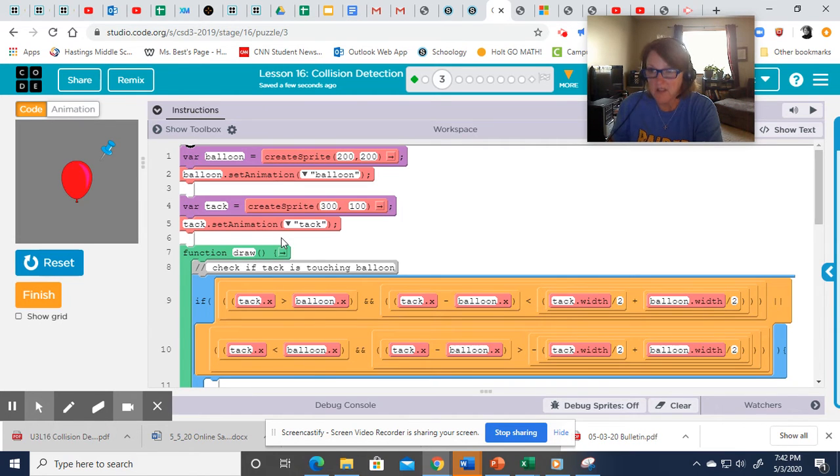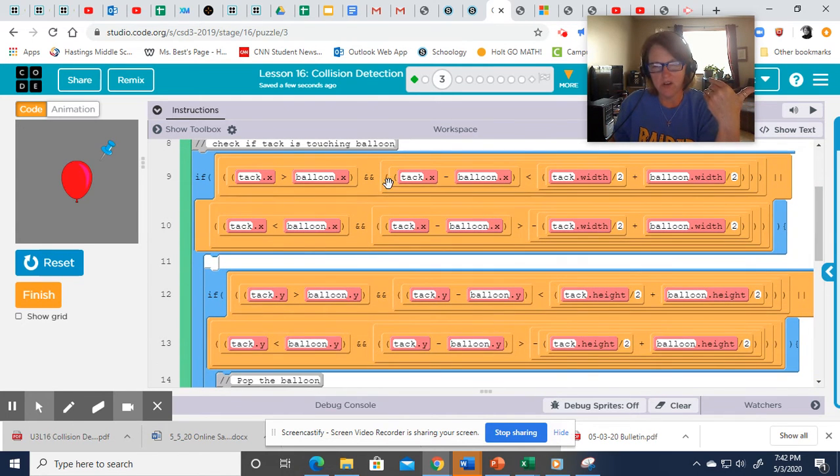Then I look inside this draw loop, and honestly, I'm about ready to get sick because take a look at all of these nested commands in here. Holy mackerel. I've got this if statement that's just having to do with the X position.